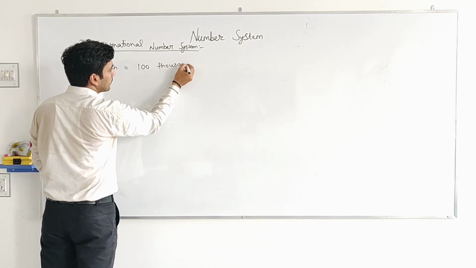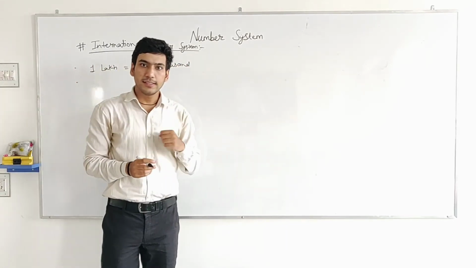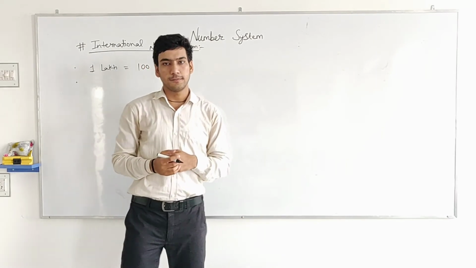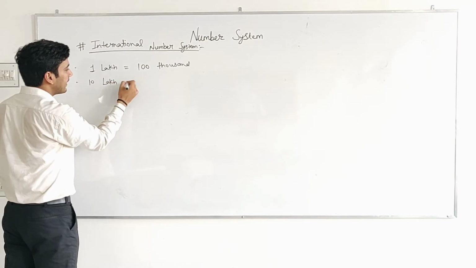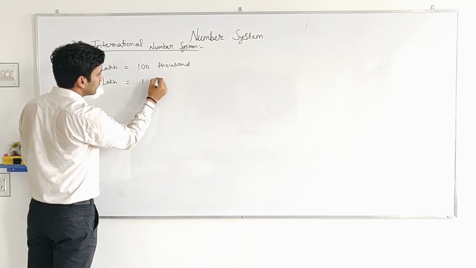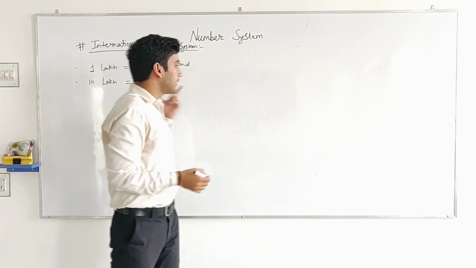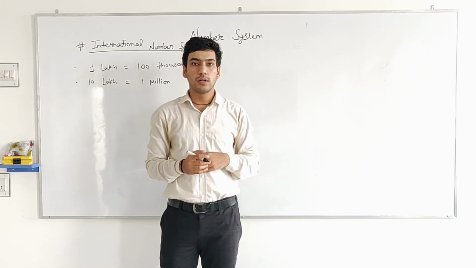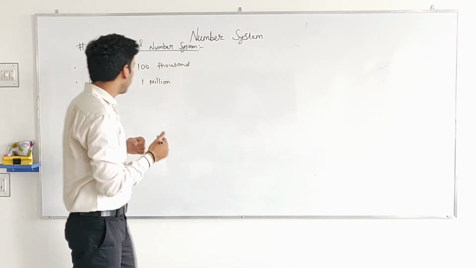And the next point is 10 lakh is written as 1 million. These 2 points you have to remember. Now, in this system also there is a place value chart. So let's draw that chart.